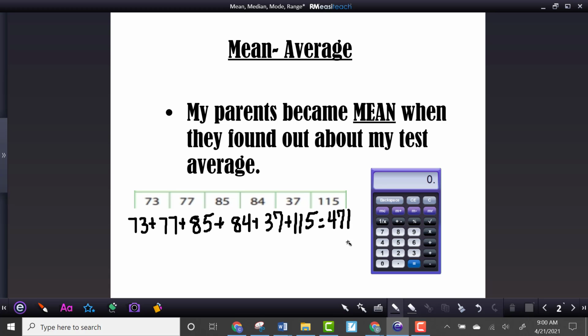Whenever you try to find the mean, you add all the numbers together and then you divide by the amount of numbers in your data set. So we have 471. We're going to divide that by 1, 2, 3, 4, 5, 6. We're going to divide it by 6, and we can put that right in our calculator.